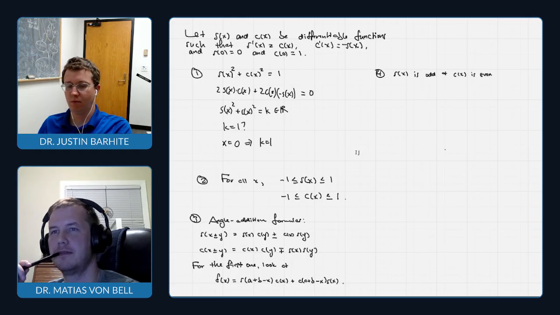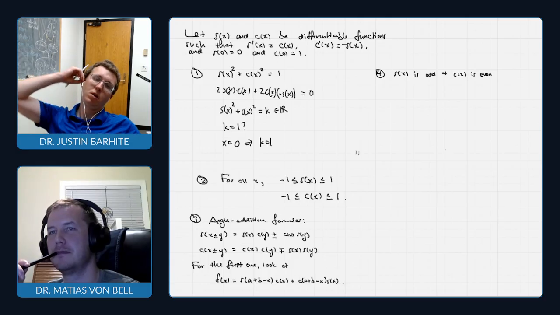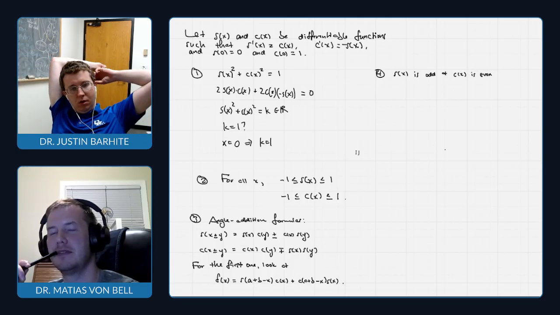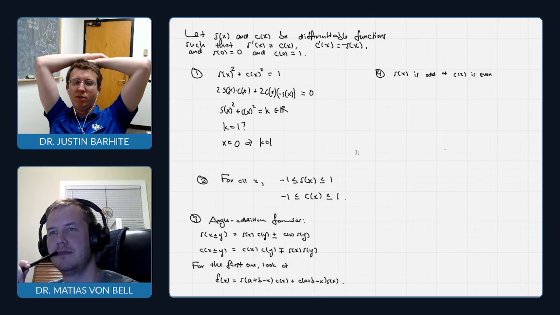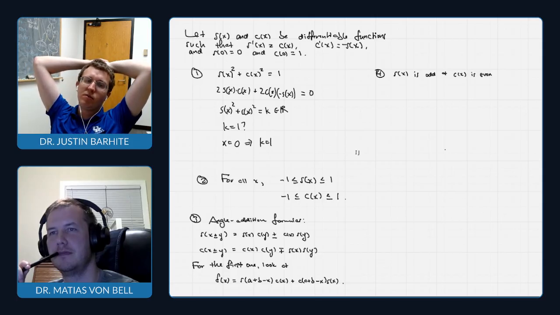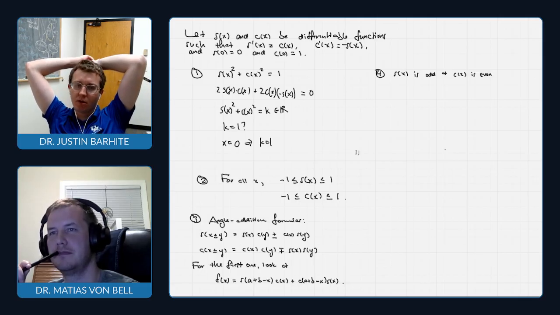Well, I want that with multiples of pi, I guess, to return to the same value. Yeah. What it means for it to be periodic with period 2 pi is that for any x, s of x plus 2 pi is the same as s of x, and the same for c of x.